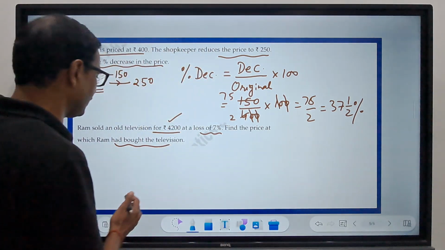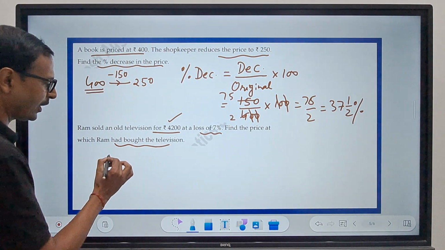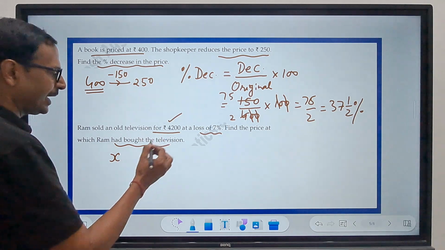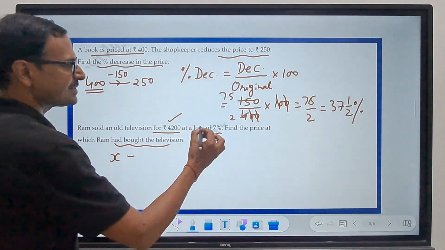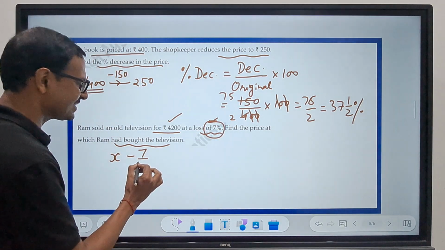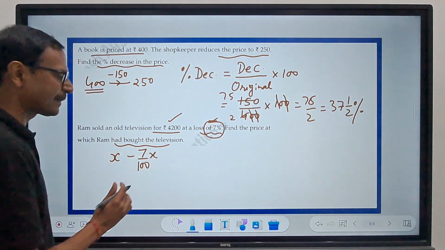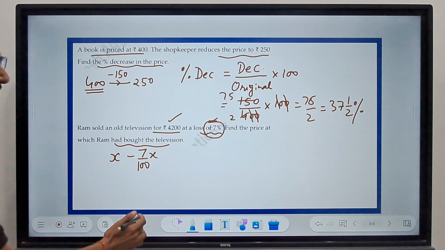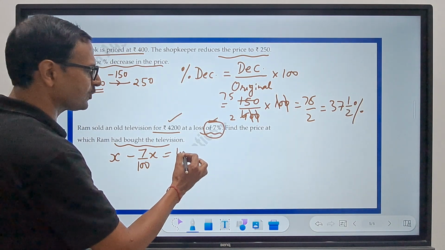So again the same thing works. See, he bought it for X, and he sold it for 7% of X less. So this is the selling price, and now this selling price is 4,200.